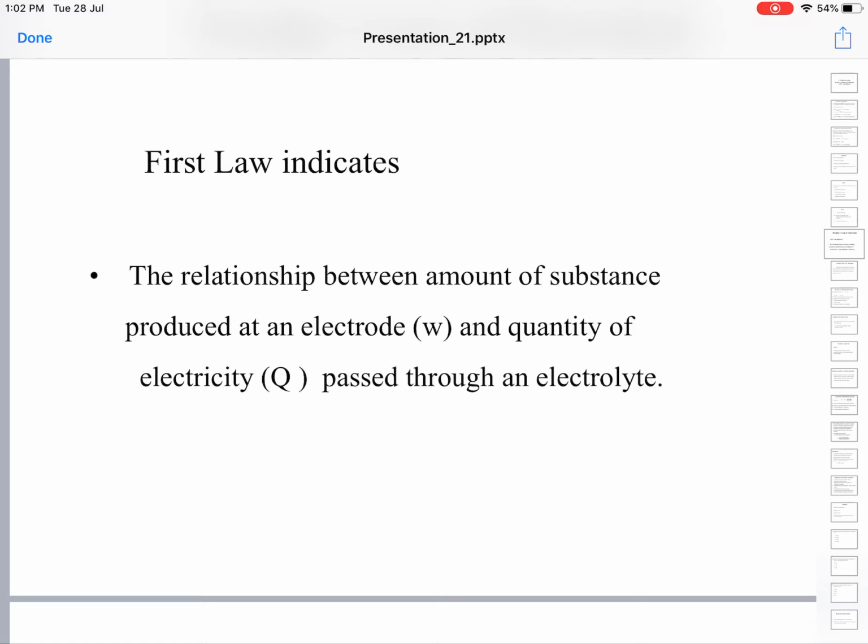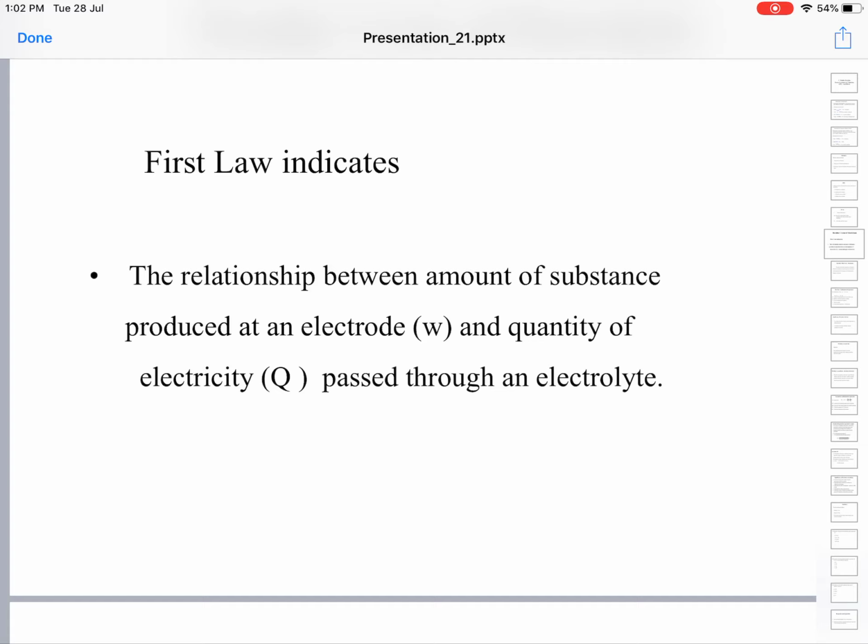He sat down and analyzed these results, and he tried to establish a relationship. He wondered whether there is any relationship between the quantity of electricity passed and the quantity of substance liberated, deposited, or dissolved at the electrode.